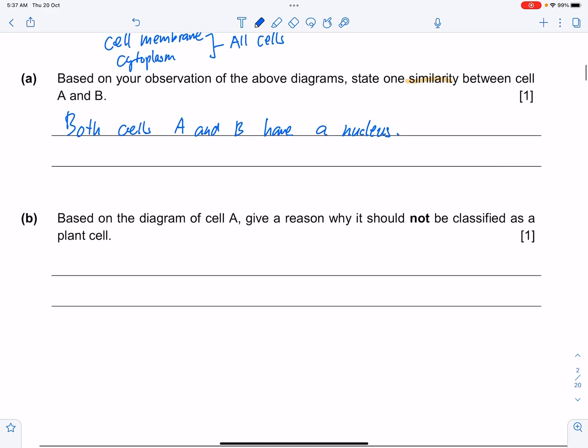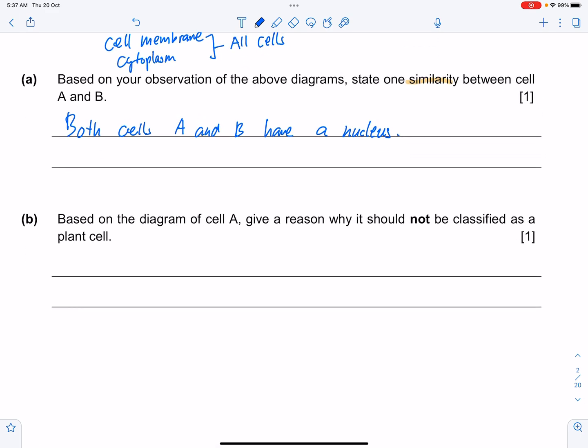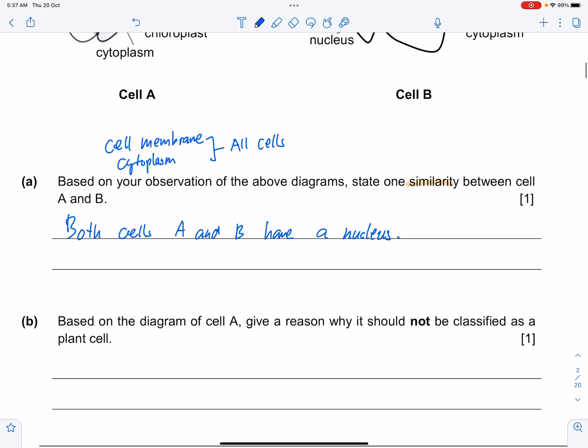Okay. Based on the diagram of cell A, give a reason why it should not be classified as a plant cell. So the one structure that all plant cells have for sure would be your cell wall. There is not a single plant cell that I know of that does not have a cell wall.